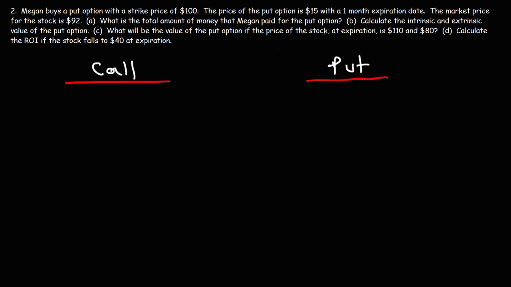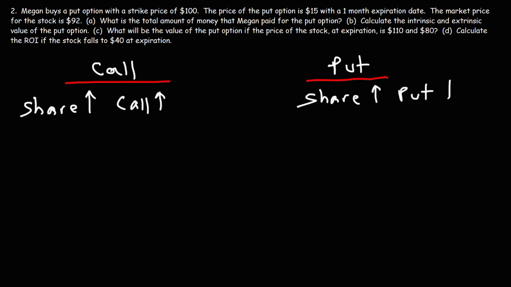A put option gives you the right to sell a stock at a certain price. Now, as was mentioned before, when the share price goes up, the value of the call option goes up. With the put option, it's different. When the share price goes up, the value of the put option goes down.